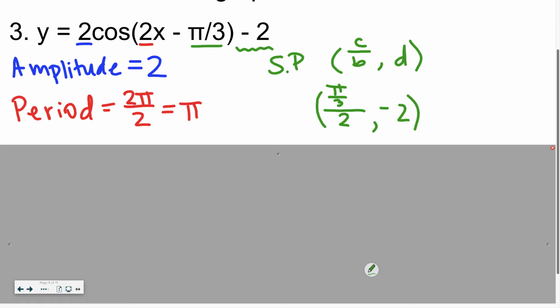Yes? I expect you to do that, yes. So then our last step would be to actually do this division. I never want a fraction in a fraction. So pi over 3 divided by 2, if you'd like to think of this as multiplying by the reciprocal, is pi over 3 times 1/2. So we get pi over 6, negative 2.